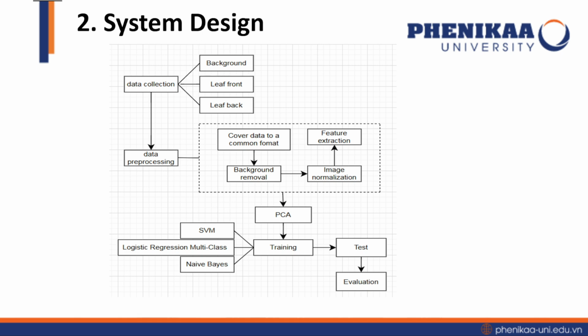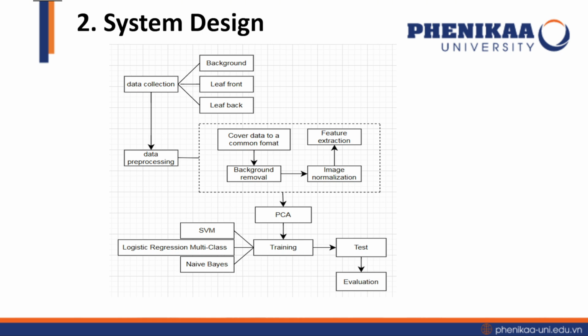Next, feature extraction is performed to capture the most relevant characteristics. Since these produce high dimensional data, principal component analysis is used to reduce dimensionality, reduce the noise, and retain essential information.